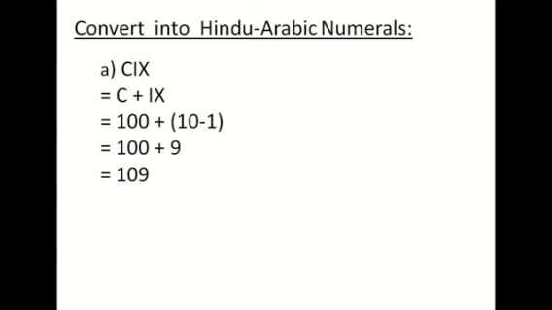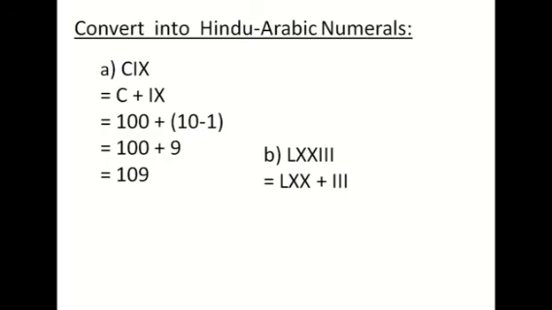Go for the next question. Question number B, LXXIII. So LXX plus III. Write it like this. Now L means what? X means what? Can you remember? Think the value and then write it. LXX means how much?